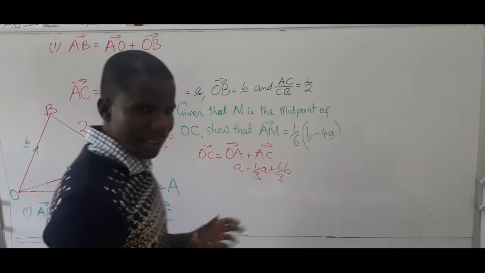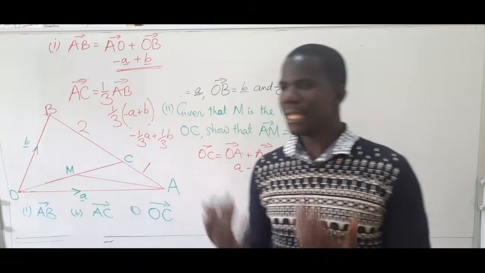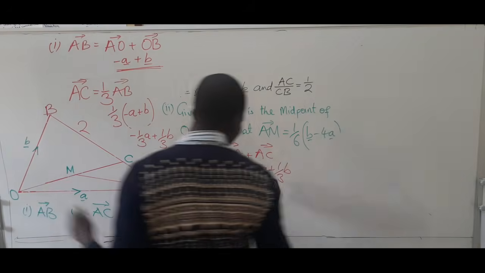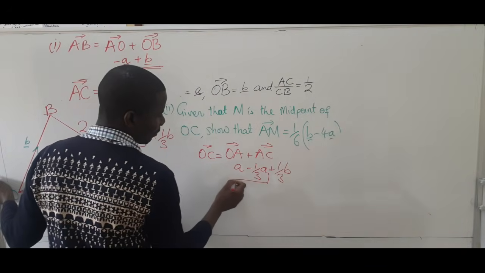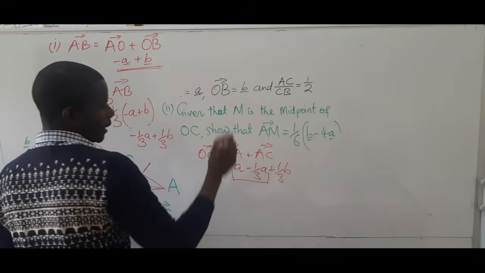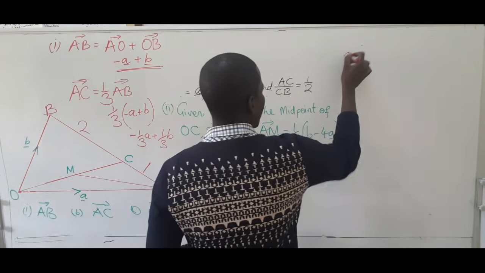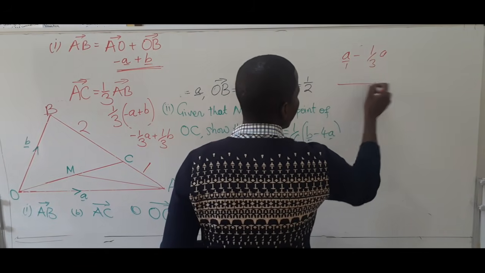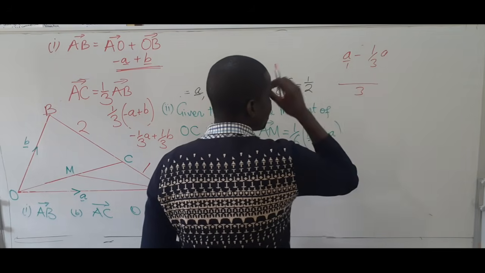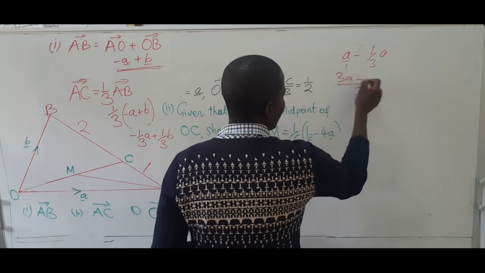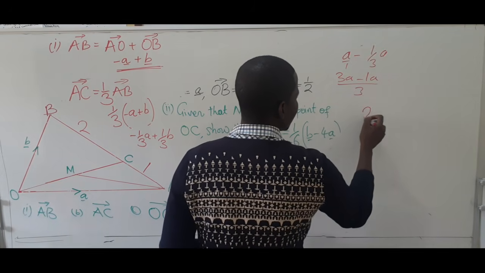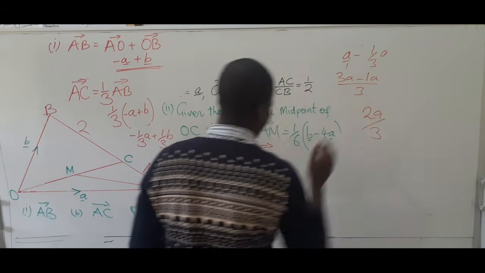So as you can see in this expression, we have like terms, so we need to simplify this part here. If you want, you can do it separately: A minus 1 over 3A. This will be 3A minus 1A, so this is going to give us 2A over 3.